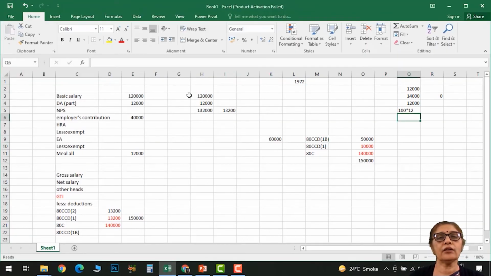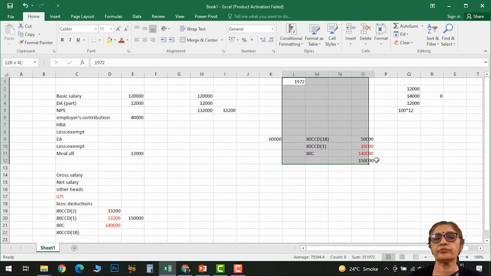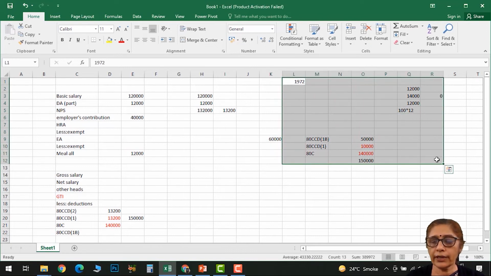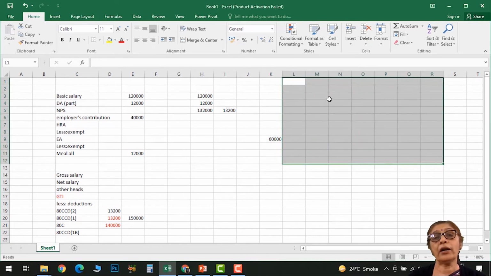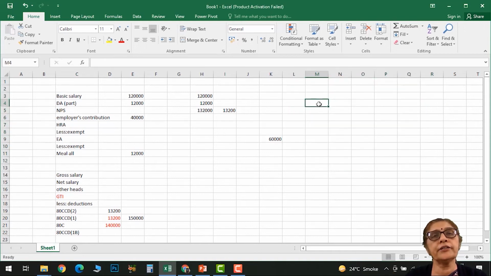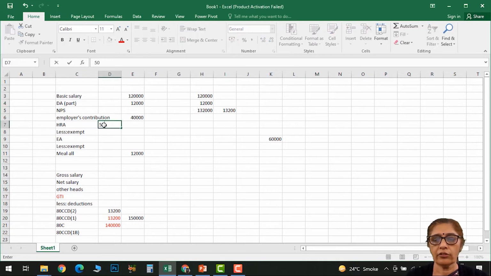You need not necessarily be staying in a rented accommodation for the entire year. If you get a house rent allowance of say 5,000 per month, how much HRA are you getting? We are getting an HRA of 60,000.